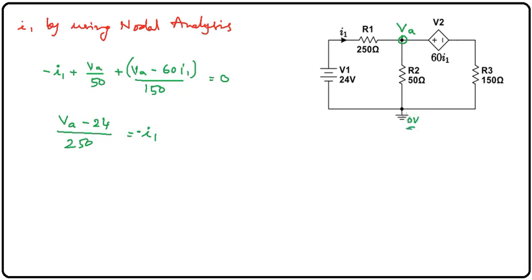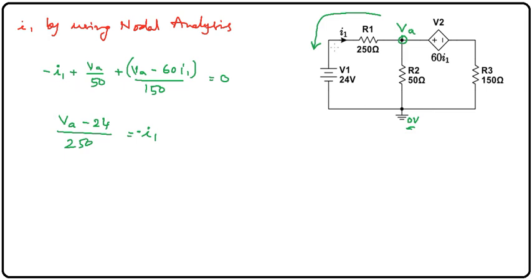So there is only one voltage here, that is the reference voltage, and the current flowing in this direction should be like this, but I1 is in this direction, but our assumed current direction is like this, so it should be minus I1, and VA minus 24 divided by 250. So these are the two equations and two unknowns, we can easily solve them.